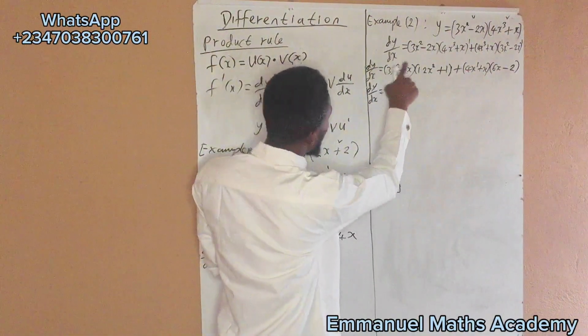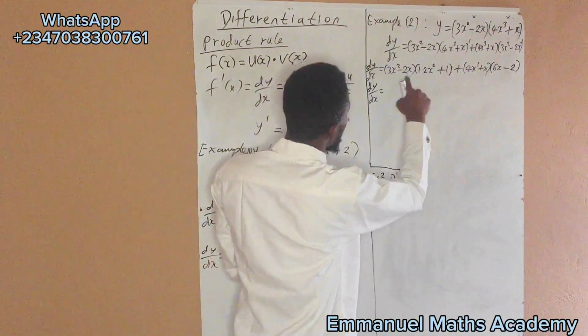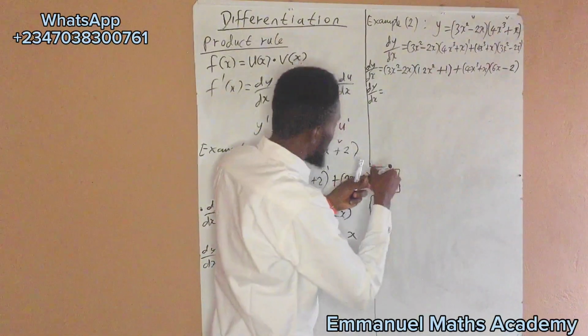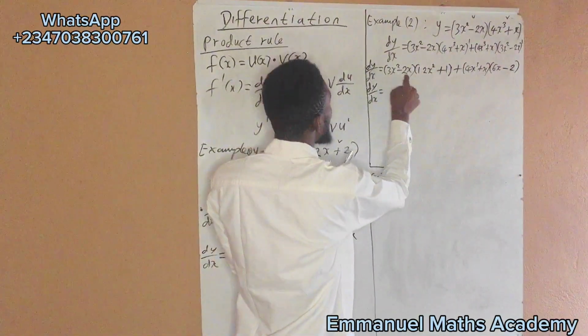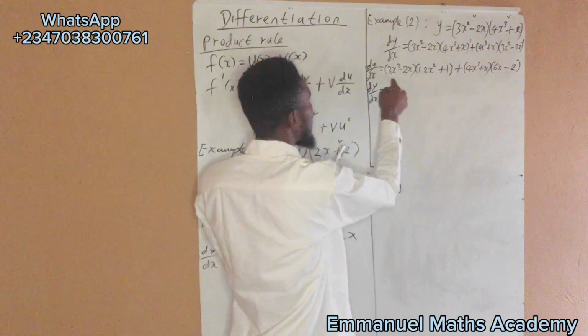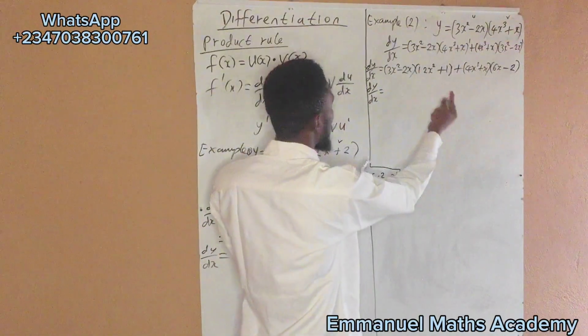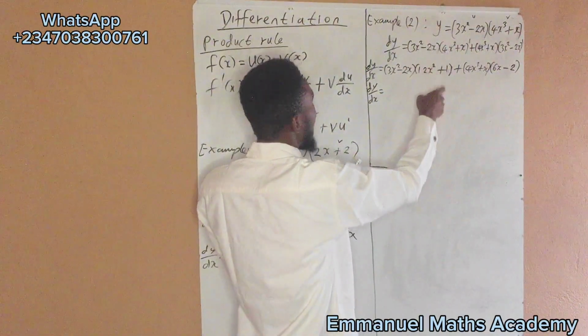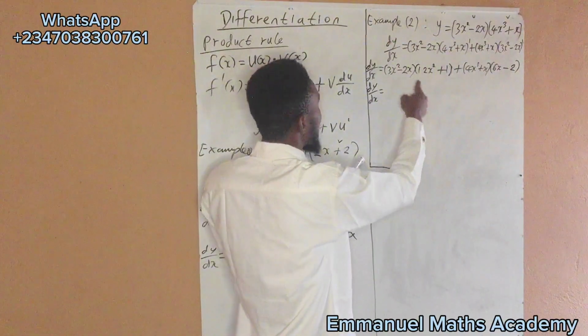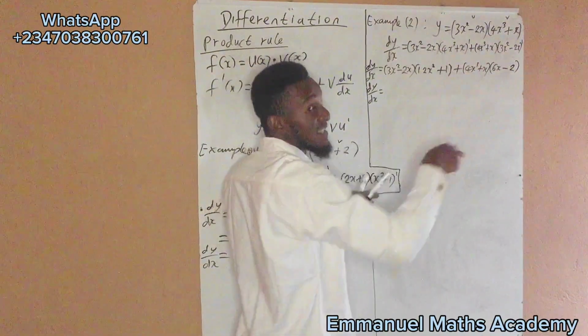That's first to first, first to second, second to first, second to second. Which simply means using the first term to multiply the first term here, and use it again to multiply the second term. Then after, you come back using the second term to multiply the first, and the second term to multiply the second also.